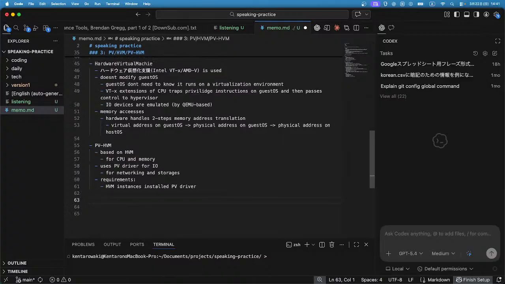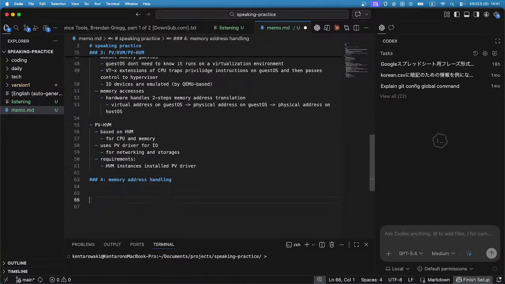Okay. So let's move on to memory access, memory address handling. Let me see.